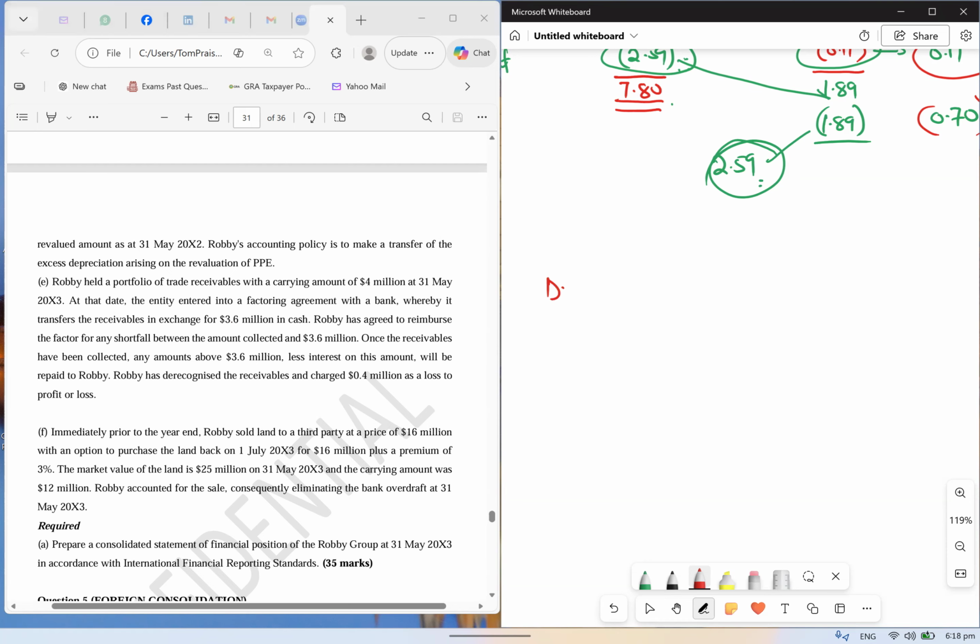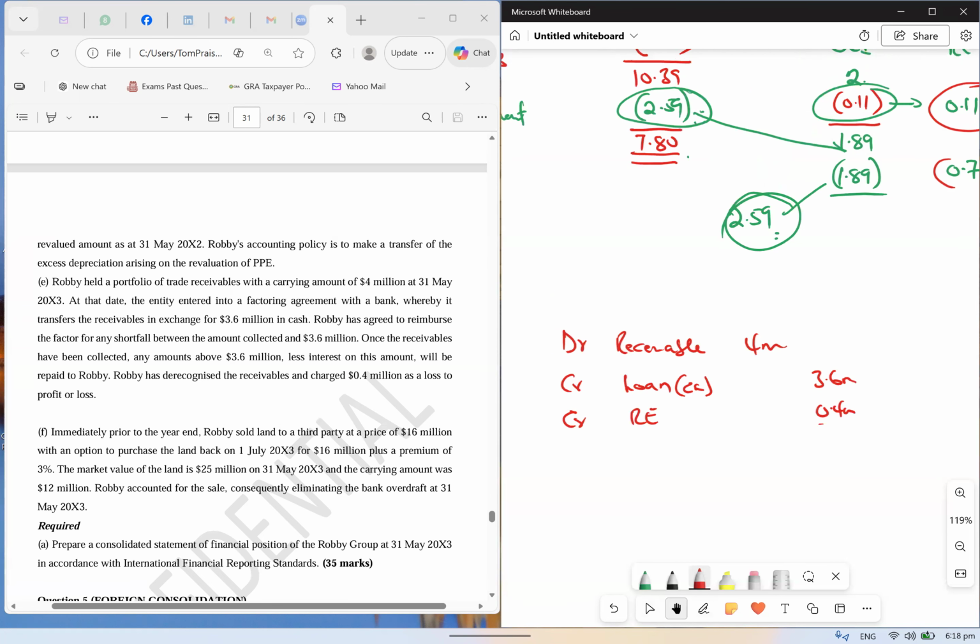So what you will do is to debit your receivables with the 4 million back, and you record a loan. So current liability, a loan of 3.6, the money you took. Since they put the balance of 0.4 in profit, thinking that they've made a loss, we are supposed to go back and credit our retained earnings back with the 0.4. So this is the double entry.